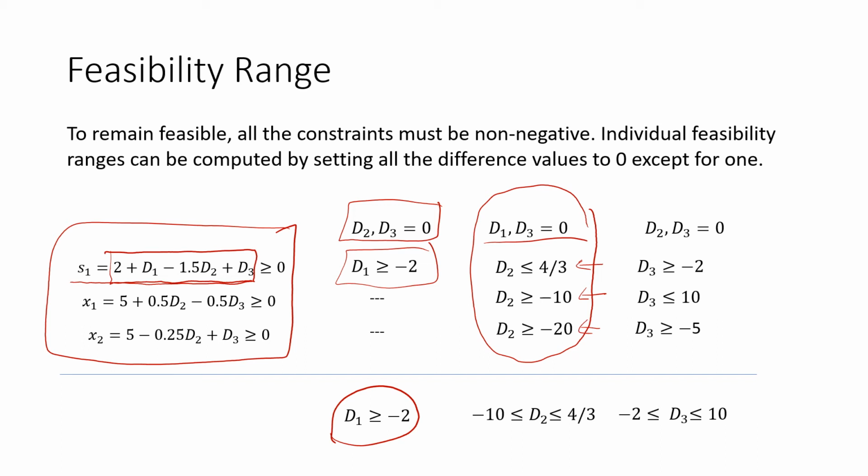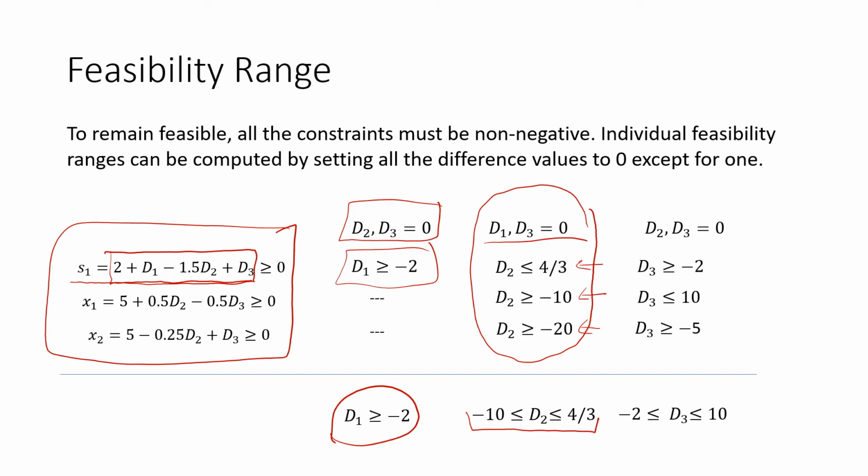One of those things is redundant in this case, so my D2 has to be between -10 and 4/3. So I can drop my second constraint by 10 units, or I can increase it by 4/3 unit, and the shadow value does not change.